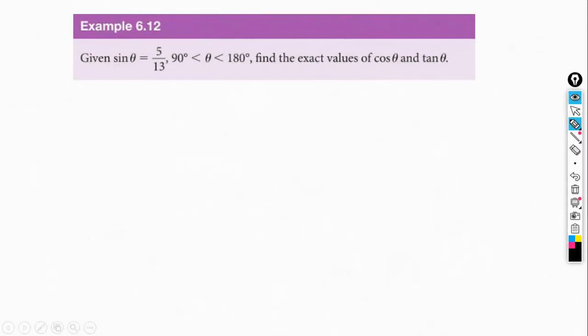So now let's go to example 6.12, and it says, given sine of theta is equal to 5 over 13, where theta is an angle between 90 degrees and 180 degrees, that means the second quadrant. Find the exact values of cosine of theta and tangent of theta. So if we draw a diagram of this, this is what it would look like.